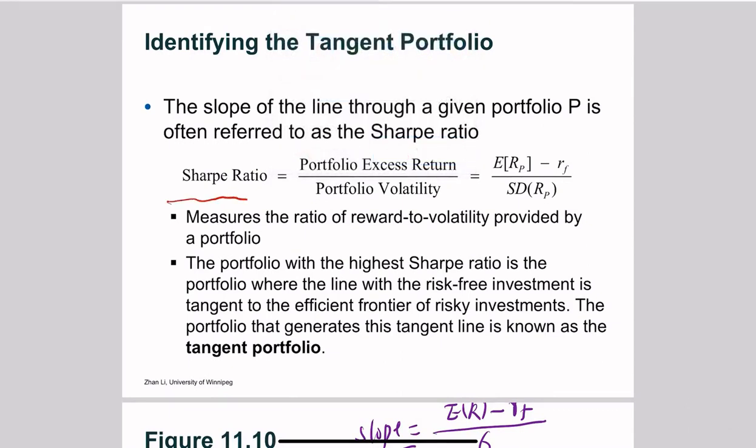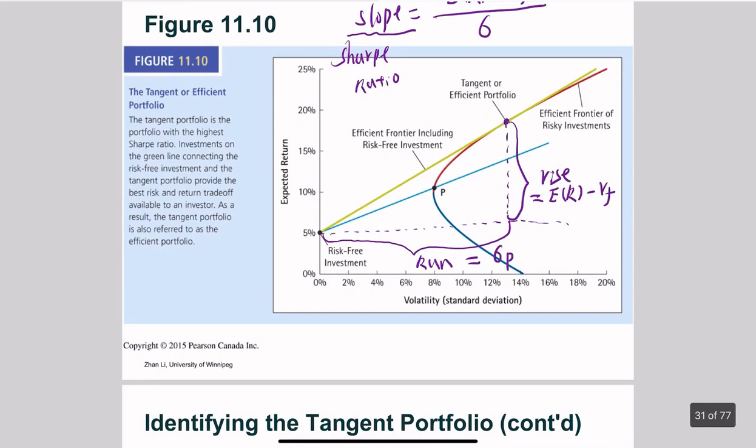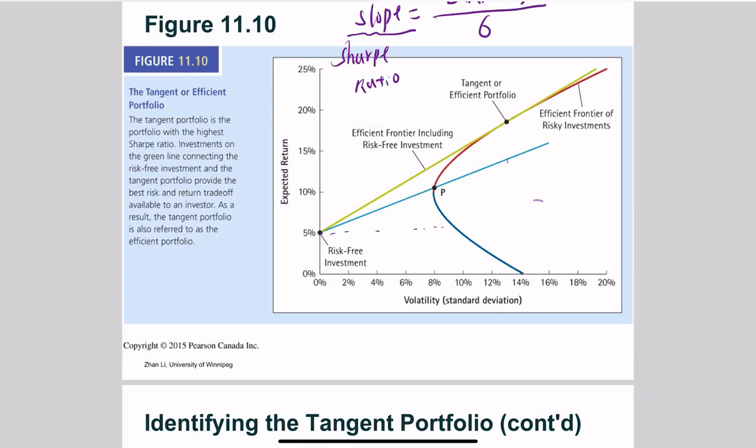That is, Sharpe ratio is defined as portfolio's excess return divided by portfolio's volatility. This is a very widely used measure of your investment performance. Generally, you want this Sharpe ratio to be as large as possible. You can see this because Sharpe ratio is equivalent to the line's slope.